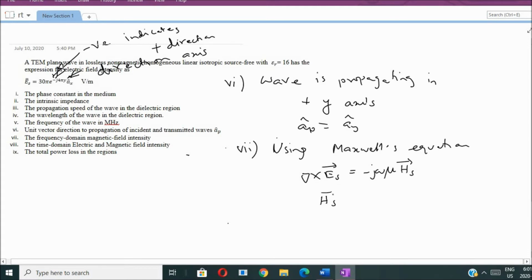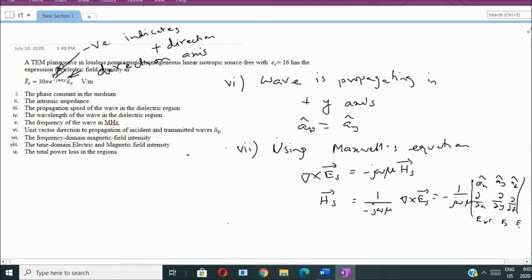So you can write H_s equal to 1 over negative j omega mu times curl of E_s, where the curl is the determinant with a_x, a_y, a_z, then partial over partial x, partial over partial y, partial over partial z, then E_x, E_y, E_z.